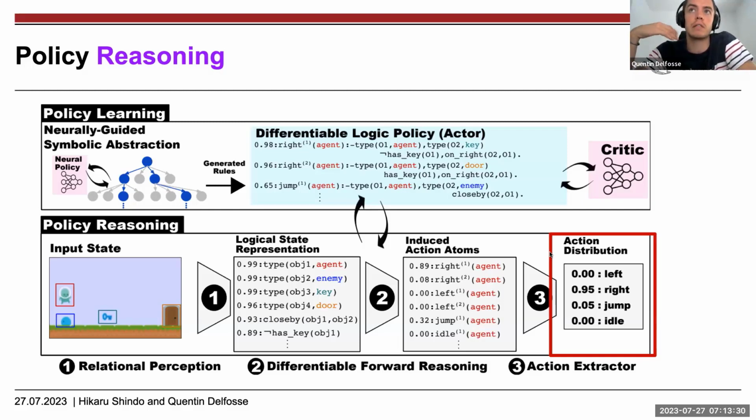Because sometimes in some situations, all of the elements that compose these rules have very high value, but it might be more important to jump than to go right when the enemy is coming towards you. In this environment, the agent is going to die if he doesn't jump when the enemy is coming. So jump might actually be a more sensible thing to do. This is why we have to give weights to the rules, to know how to order them.